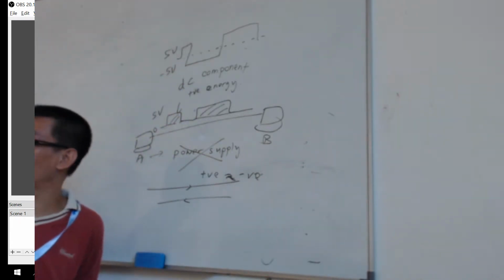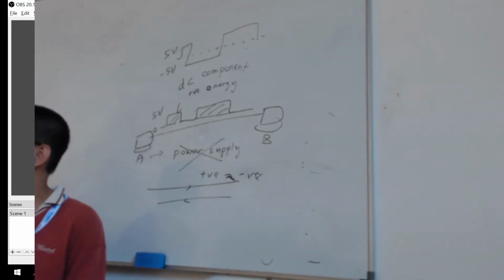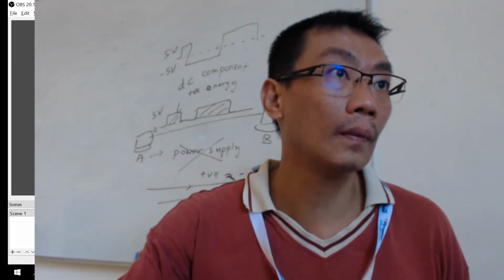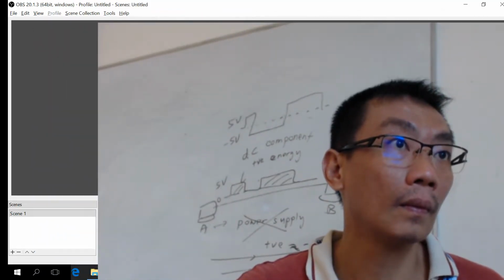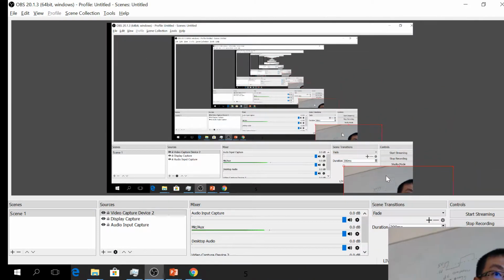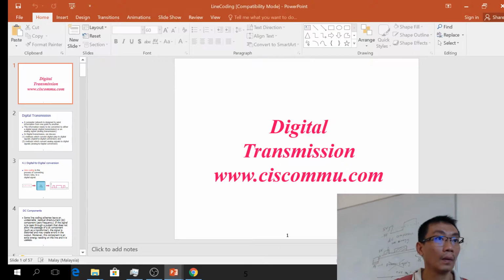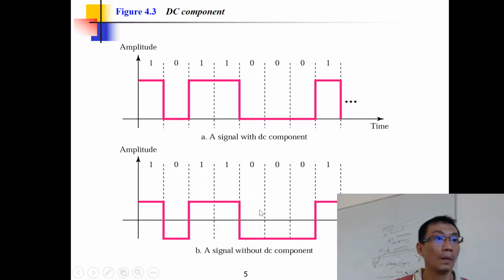That is the DC component in communication. You can see here, this is a signal without DC component. But if you send all 1s or all 0s, you will still have a DC component.